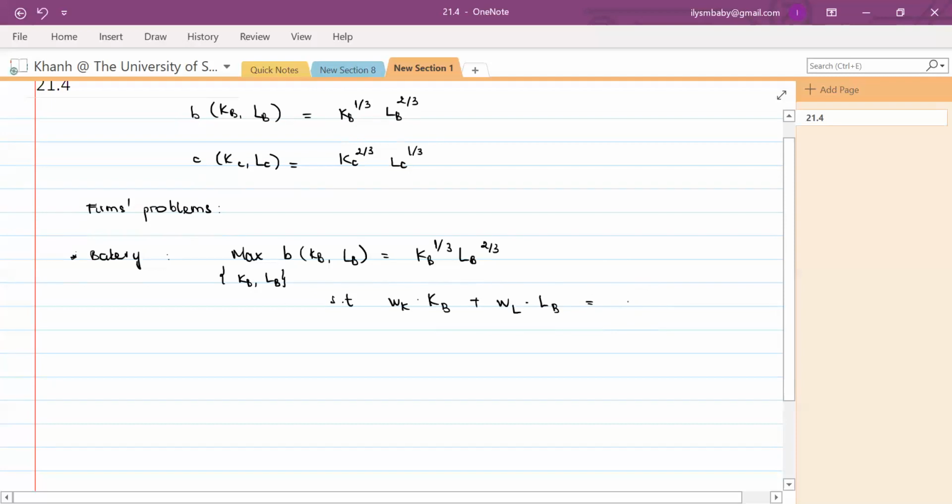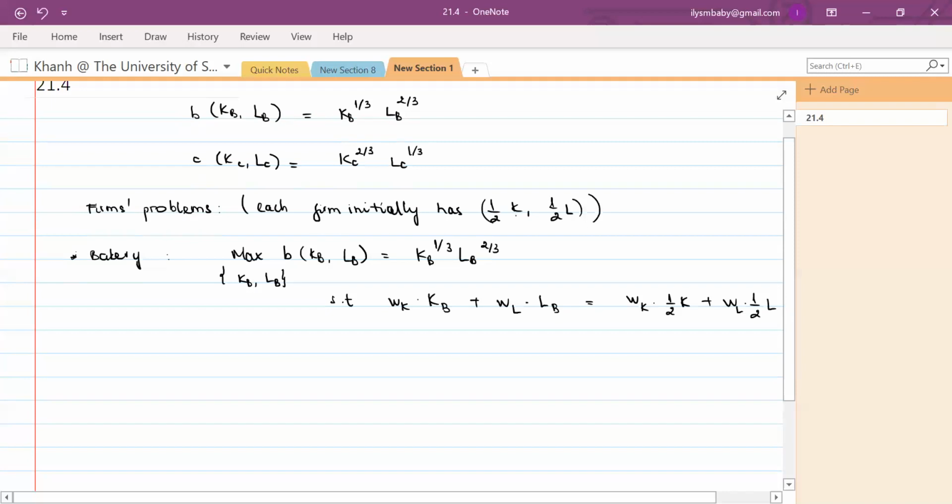Therefore, initially, the value of the inputs they have is the price of capital times the total amount of capital that the firm has, which is half of K, and the price of labor times the total amount of labor they have from the beginning, which is half of L. Each firm shares the total initial endowment equally. I'll say each firm initially has half of K and half of L.